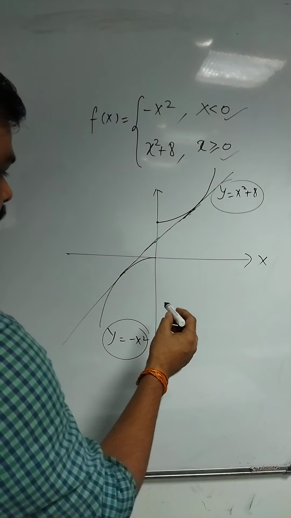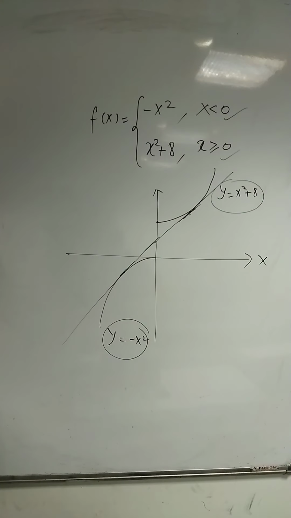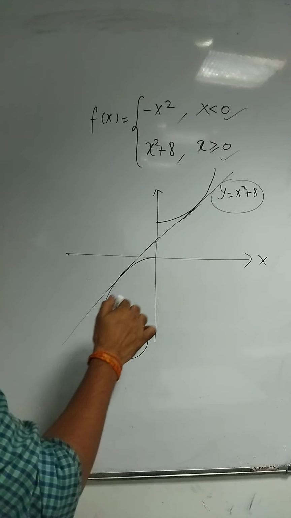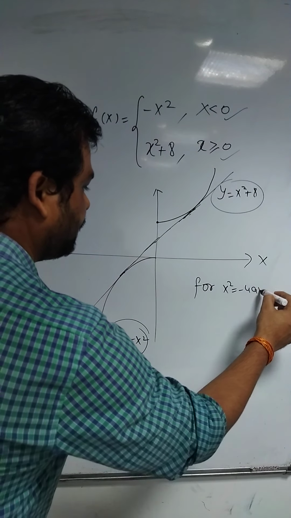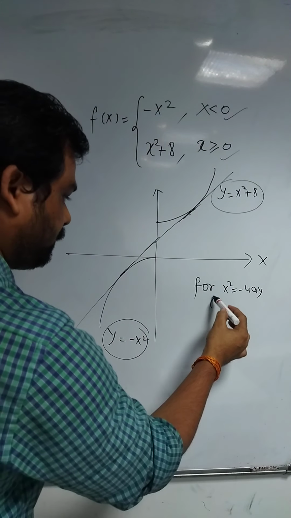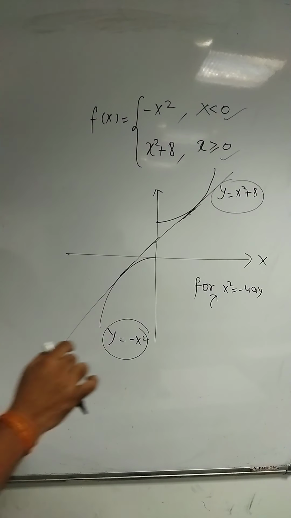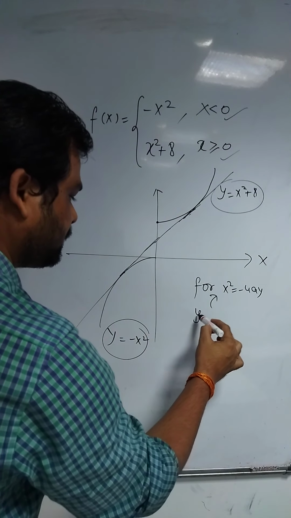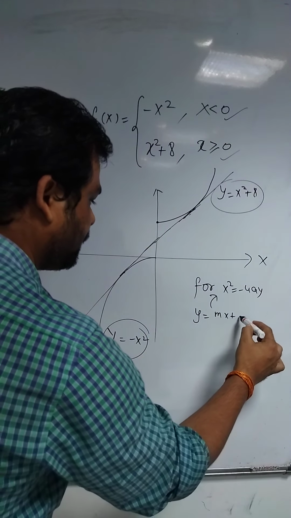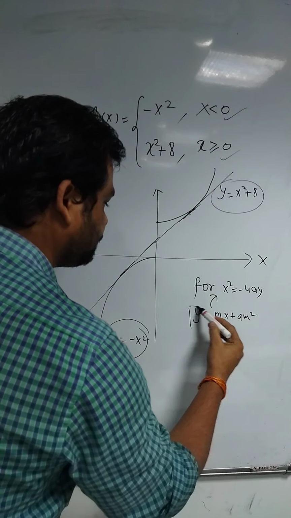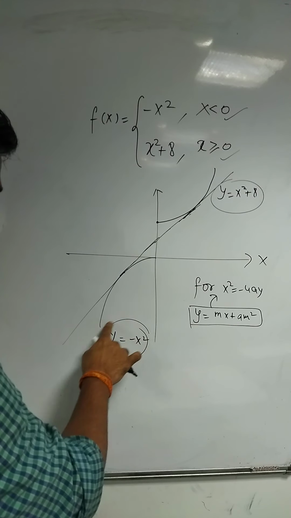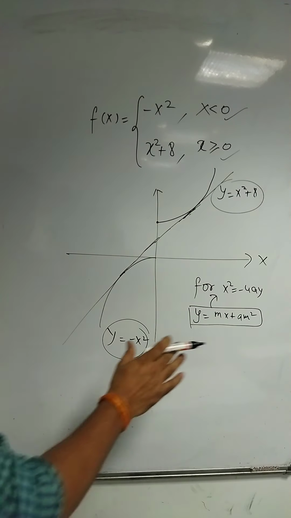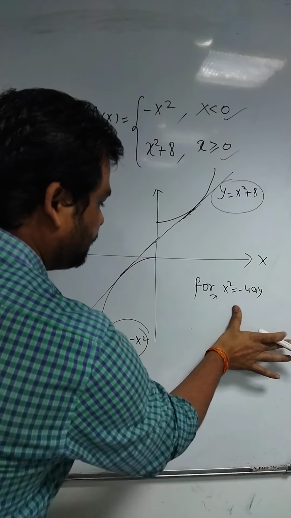Okay. So in the parabola we have discussed, x square is equal to minus 4ay. If you have to consider an equation of tangent to this parabola, you can take y is equal to mx plus am square. So this is again the same, x square is equal to minus 4ay.